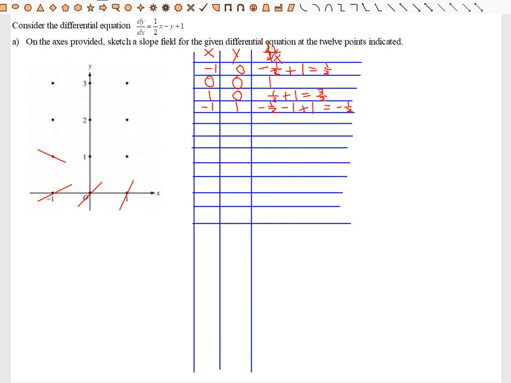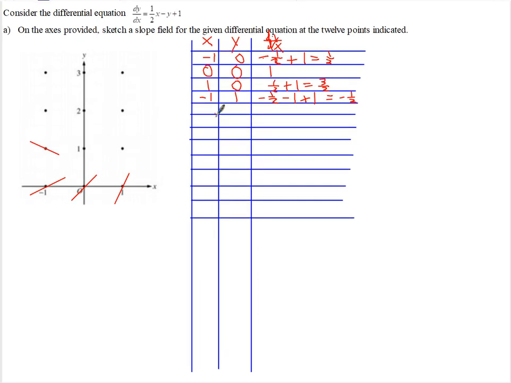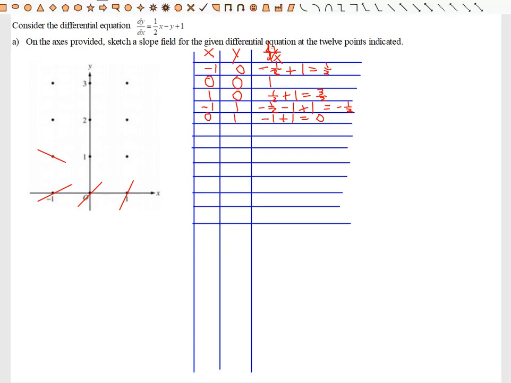Then if we substitute in 0, 1, 0 wipes out the first term, we end up with negative 1 plus 1 gives you 0. So that's horizontal. So you still might have some horizontal ones, but what we won't see on this particular slope field is any vertical ones. Notice because we don't have a denominator here, so this will never be an undefined slope, but it could equal 0 like this one does.